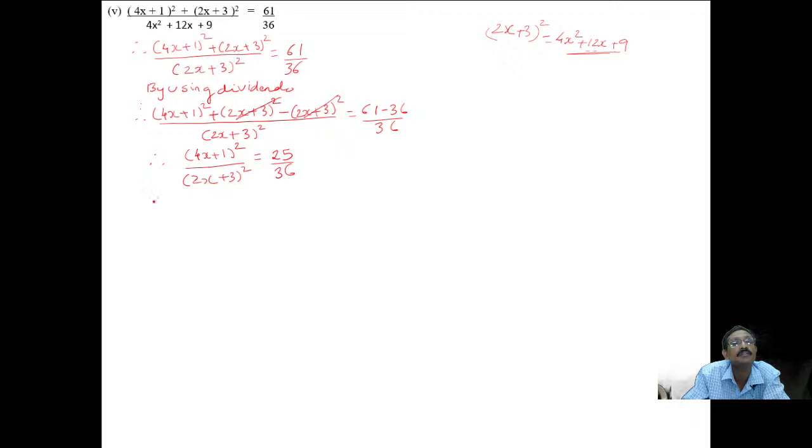Therefore, if we take positive square roots, we get (4x plus 1) upon (2x plus 3) equal to 5 upon 6, since 6 sixes are 36. Taking positive square roots, this is very important.